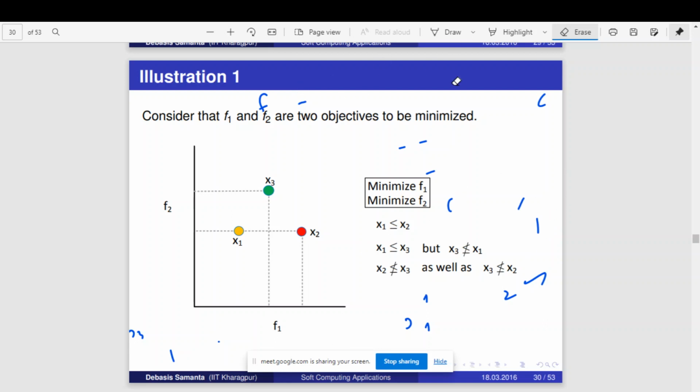Okay. So when you minimize f1, f1 is on the x-axis, f2 is on the y-axis. When you minimize f1, the point will move where? Towards left or right or up or down? This is f1, right? When you decrease the value of f1, these points will tend to move towards which direction?